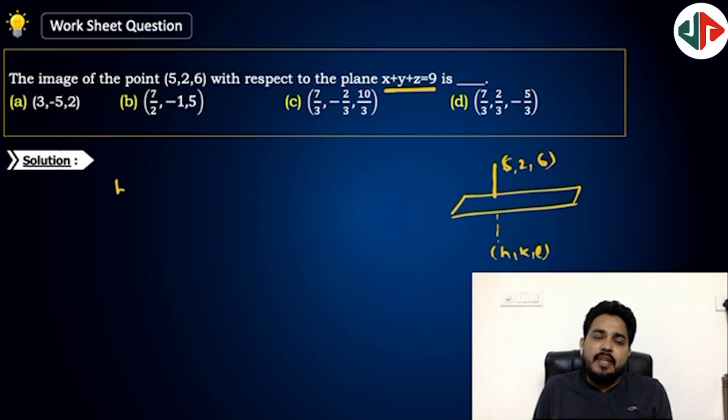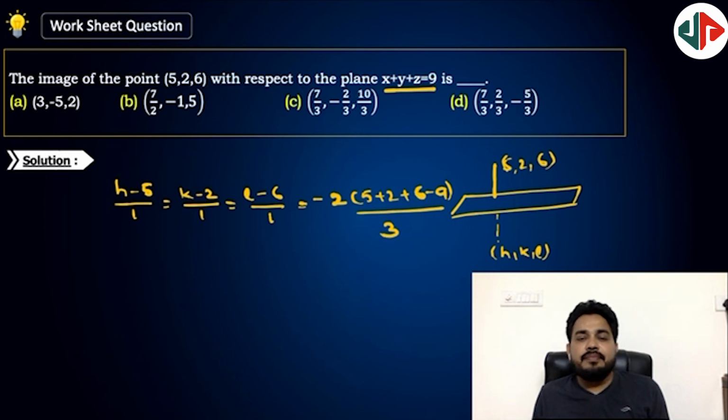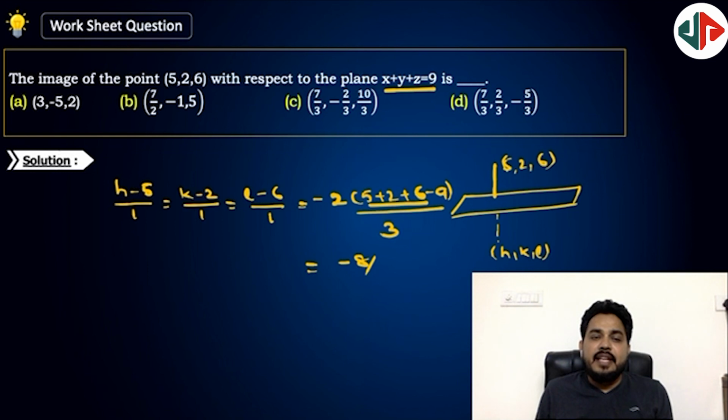So it will be (h minus 5) by 1 is equal to (k minus 2) by 1 is equal to (l minus 6) by 1 is equal to minus 2 times, you need to substitute this one, (5 plus 2 plus 6 minus 9) by a square plus b square plus c square. Yes, 7 plus 6, 13. So this value will be equal to, how much? 4. So it is equal to minus 8 by 3.